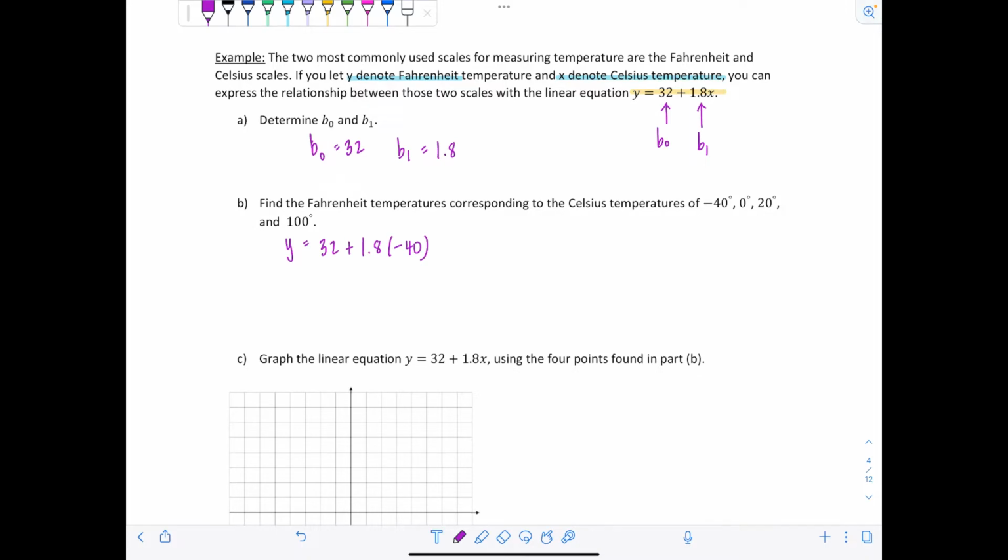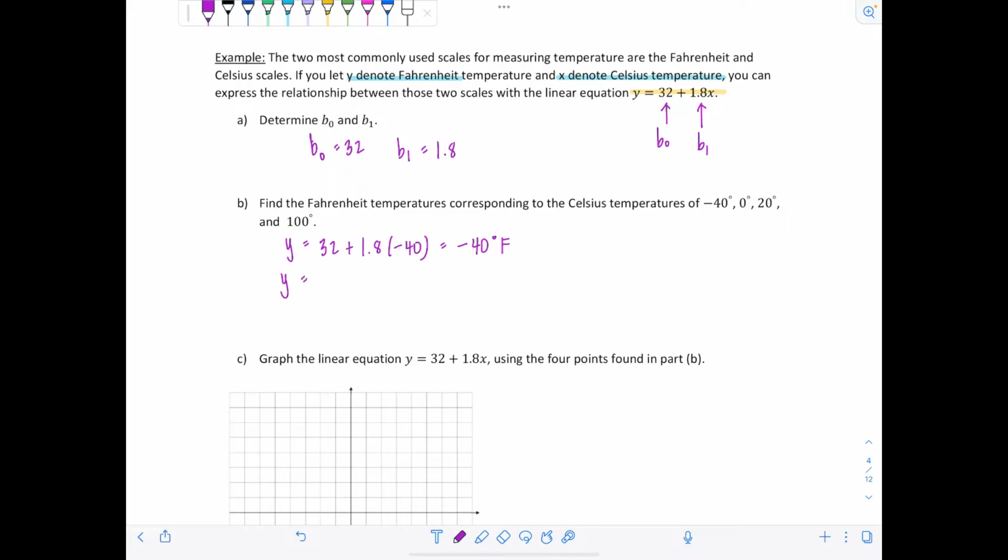That gives you -40 degrees Fahrenheit. Interesting, so -40 degrees Celsius is equal to -40 degrees Fahrenheit. They intersect there.